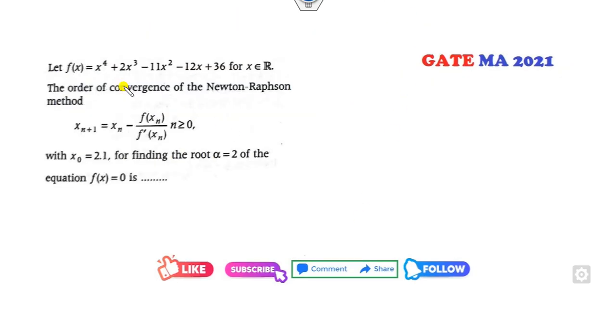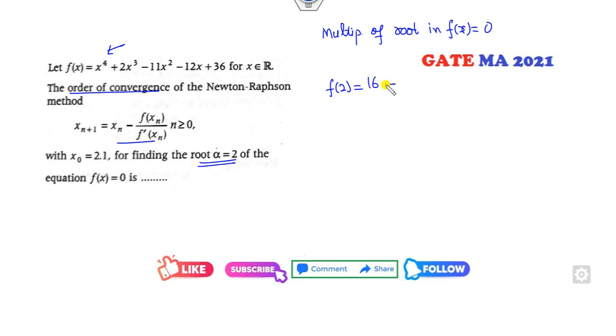Okay, look at this another one. Again they are talking about the order of convergence of the Newton-Raphson method about the root. So that means we have to check the multiplicity of the root in f of x equal to 0. So the root is 2. What is f of 2? I can substitute here 16 plus 16, then 44, 24 plus 36.